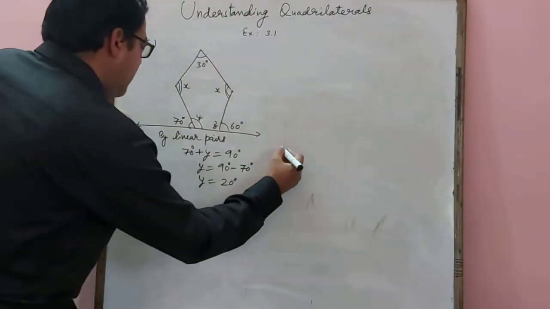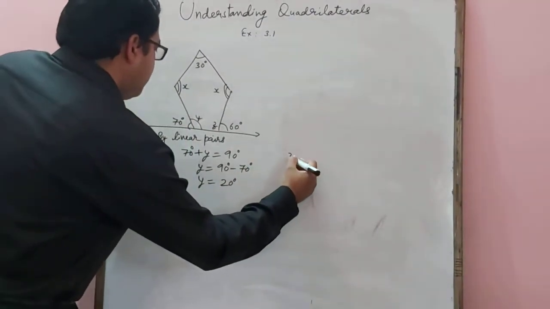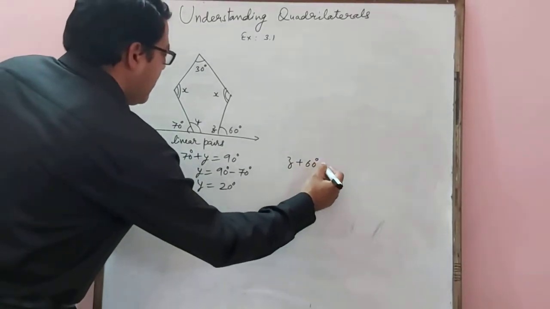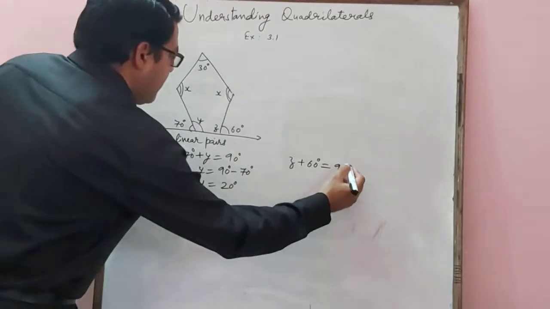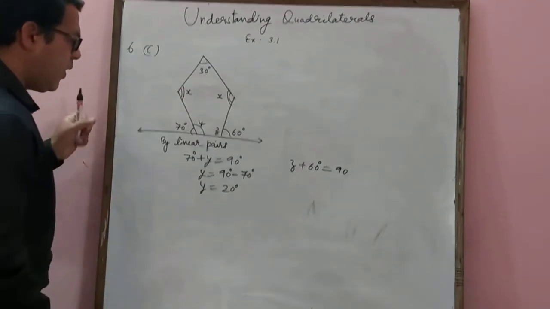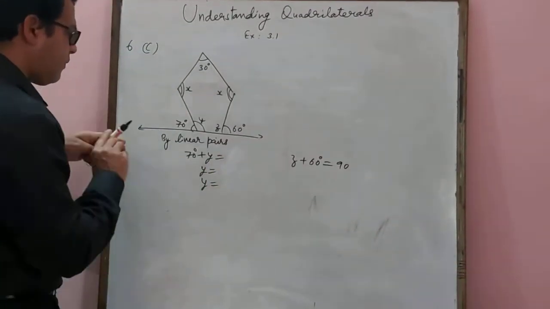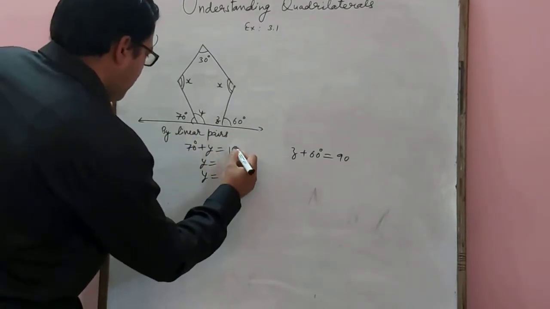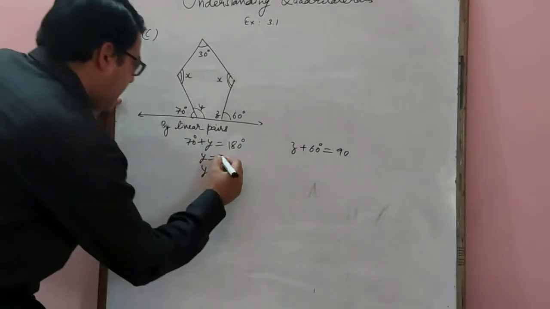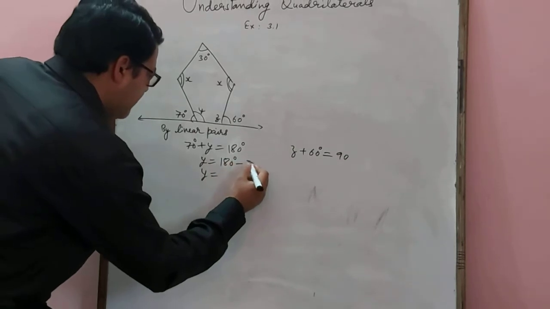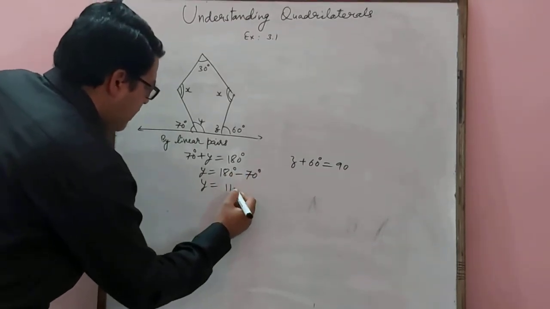And similarly, this Z plus 60, they are also forming a linear pair. Sorry, linear pair means 180. So we can write 180 minus 70, and 110 we can write.